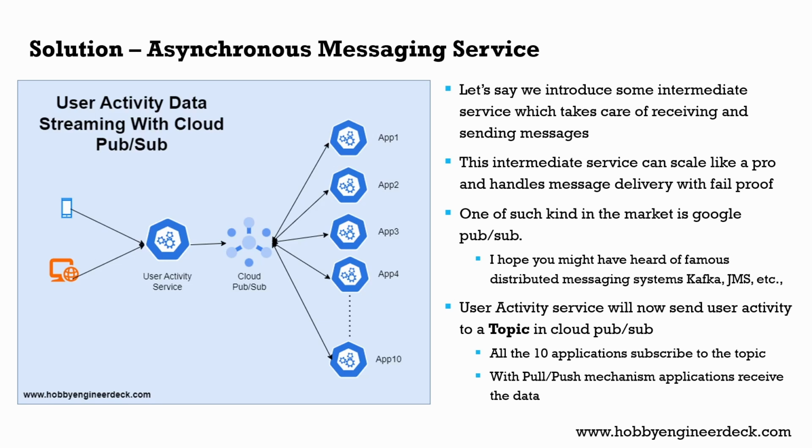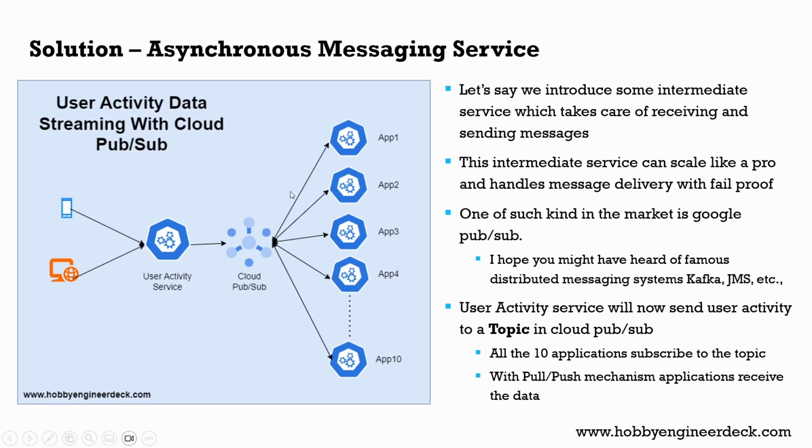Upon introducing Cloud PubSub as an intermediate system between the user activity service and all the 10 applications or microservices, the user activity service will send the user activity data, whenever it receives it, to a topic in Cloud PubSub.